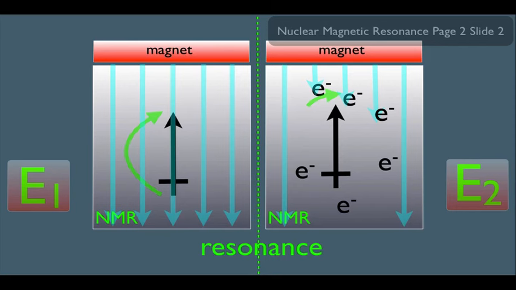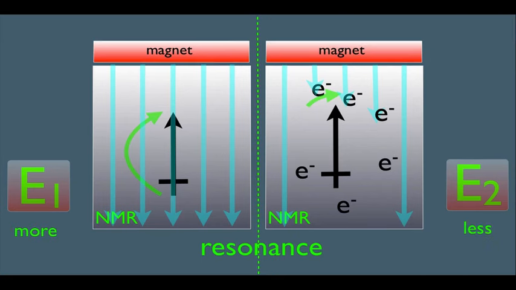Meaning which H atom would require more energy to bring it into resonance? Well, think about it. The H atom on the left has to turn one full 180-degree turn. If you notice, that's a much greater distance of travel than the H atom on the right. He only has to turn just a little bit to go to the beta state. So that means energy 1 must be a higher value or more than energy 2.